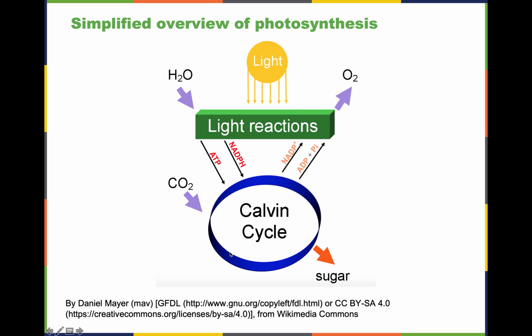This process also recycles these molecules, so it gives back NADP+, which is an electron acceptor, and ADP plus phosphate, which can go through this light reaction and then become ATP and NADPH again. So it's a nice recycling of the components in the cell.